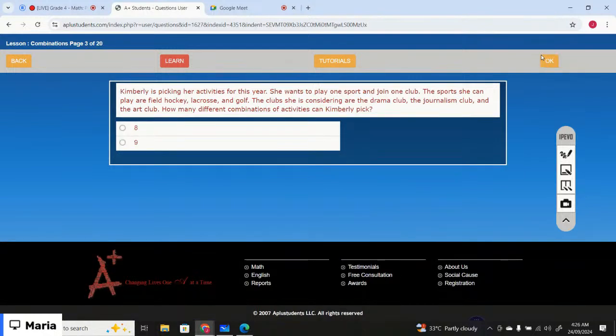Kimberly is picking her activities for this year. She wants to play one sport and join one club. The sports she can play are field hockey, lacrosse, and golf. The clubs she is considering are the drama club, the journalism club, and the art club. How many different combinations of activities can Kimberly pick? So, which is the correct option?